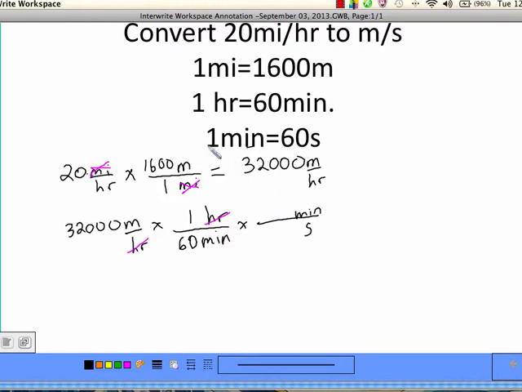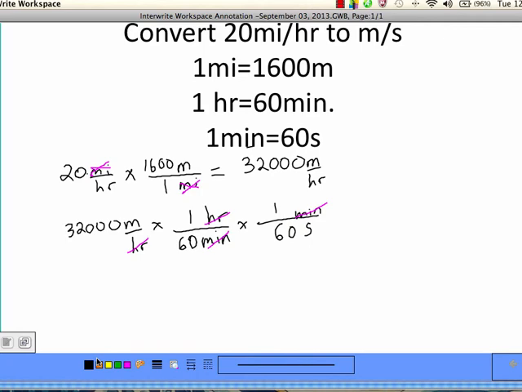So for every 1 minute we have 60 seconds. Now before I do the math, I want to make sure that my units cancel out. Perfect.